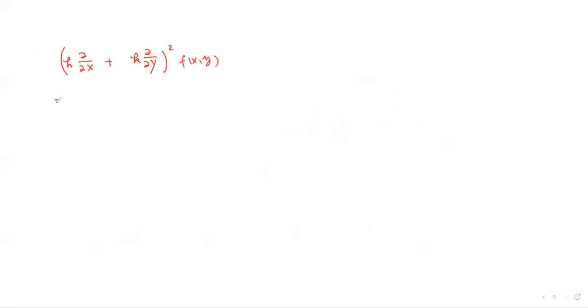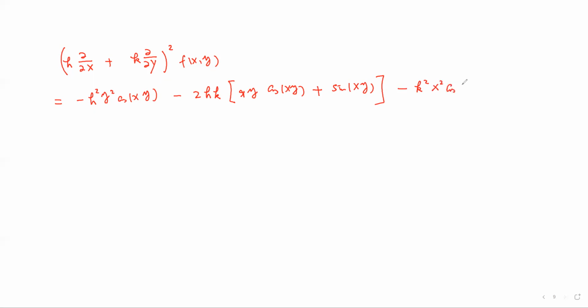This derivative is equal to negative h squared y squared cosine xy, plus 2hk times (xy cosine xy plus sine xy), then minus k squared x squared cosine xy.